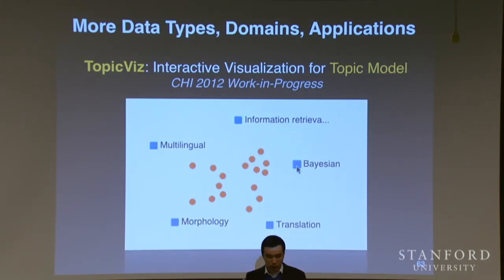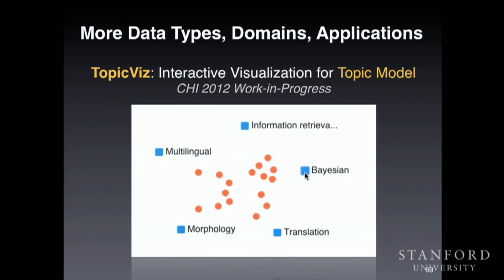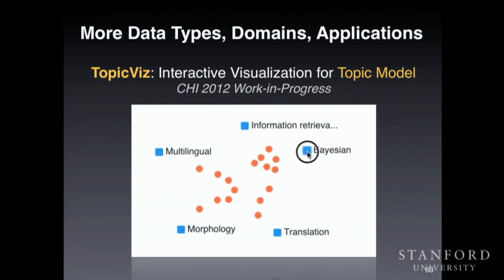The second area is, of course, to go beyond just graph data to many more data types, applications, and domains. One example work that I'm working on right now is to develop an interactive visualization to help people understand results from topic models. We have a large document collection.